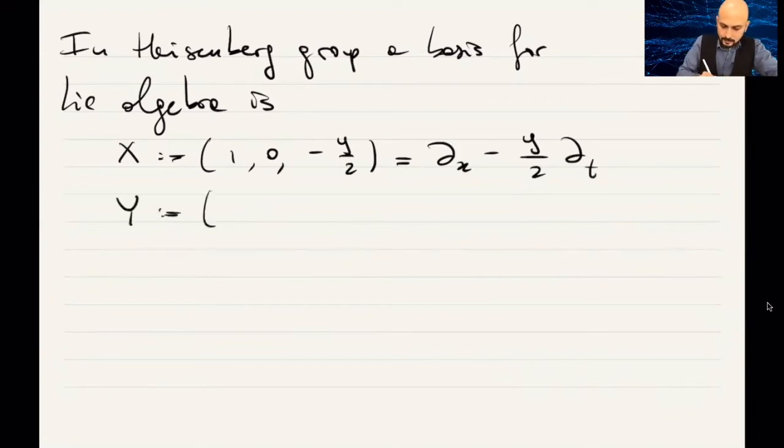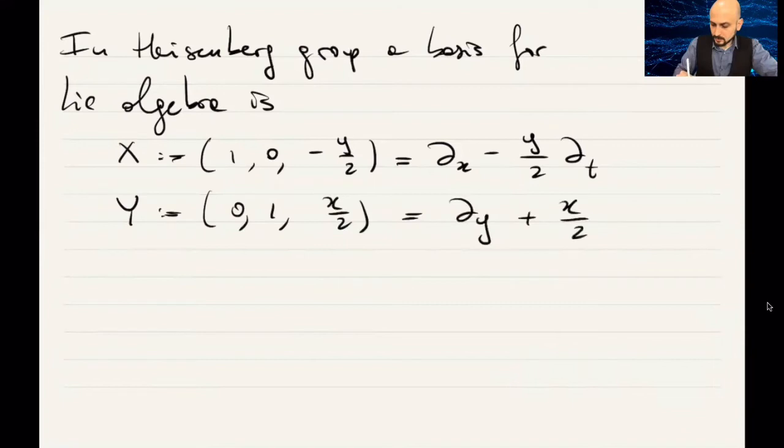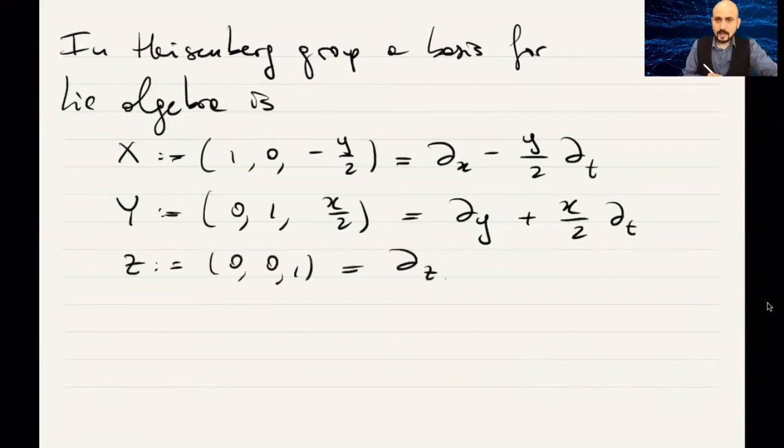Y is (0, 1, x over 2), which is dy plus x over 2 dt, and Z, which is (0, 0, 1), which is dt.